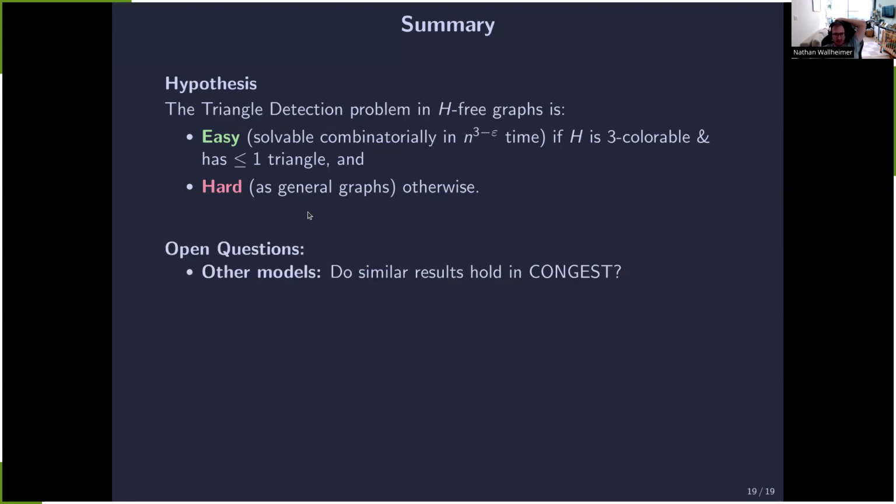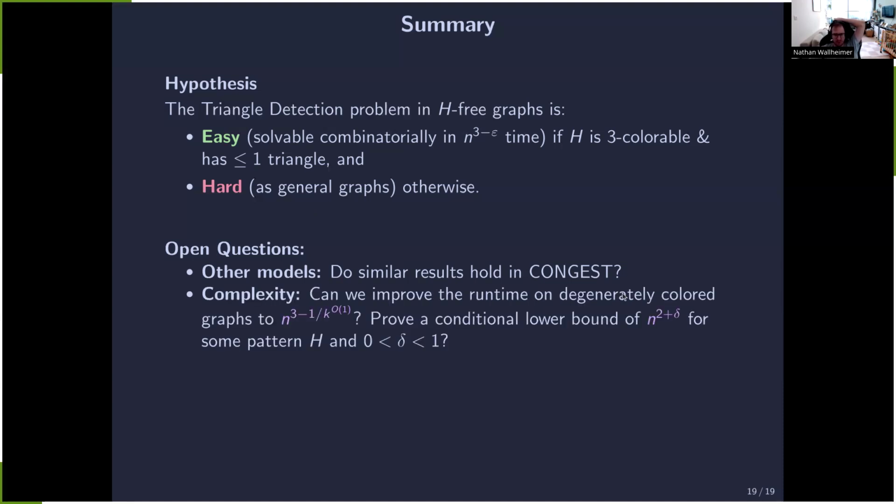More open questions are about other models. Do similar results hold in the CONGEST model of computation? There is the question of improving the running time. We shave the n to the 1 over 2 to the k. Can we get 1 over poly k?